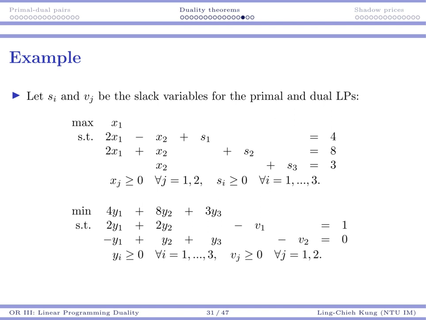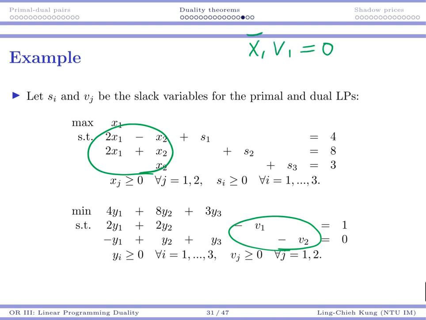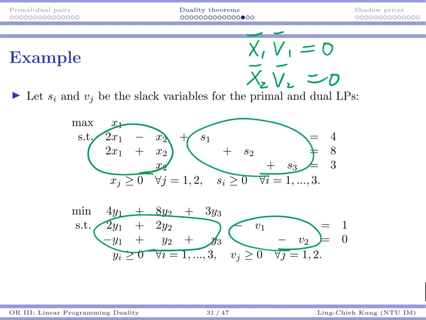In this case, we're going to see that primal variables and the dual slacks should have some relationship. Your x1 multiplied by v1 would be 0 if you are talking about a pair of optimal solutions. Your x2 times v2 would be 0 for a pair of optimal solutions. Similarly, for s and y, it would be the same thing.